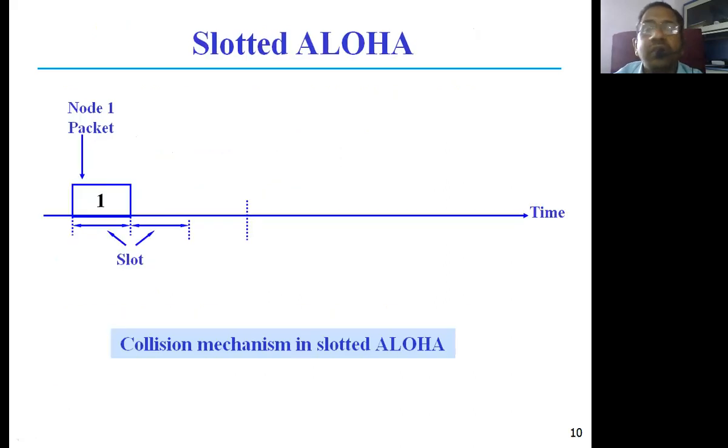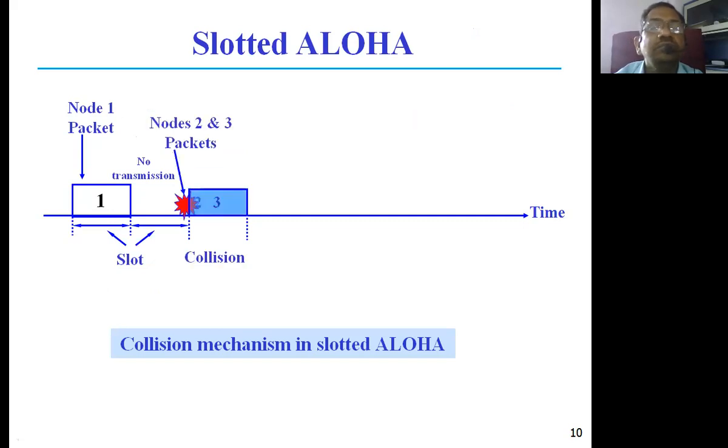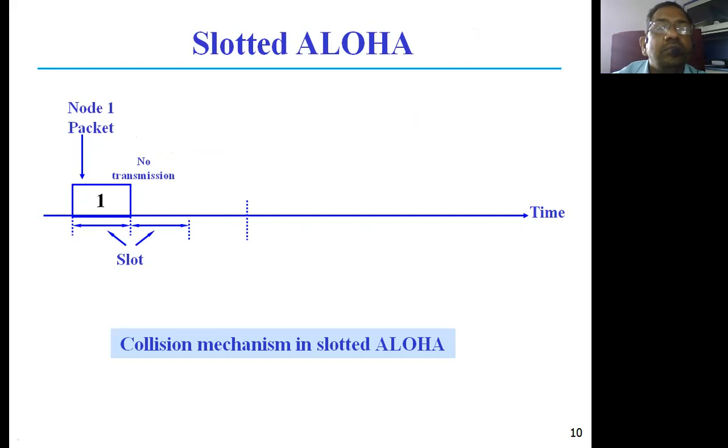Now coming to slotted Aloha protocol, let us see how it has been modified. See what happens here. Transmission takes place from node 2 towards 3.